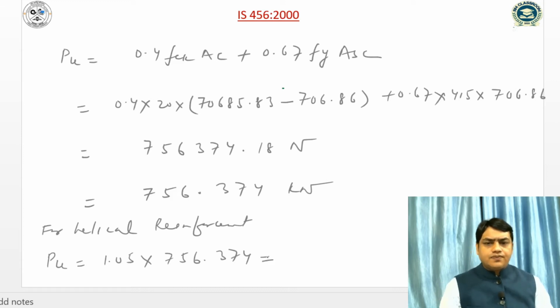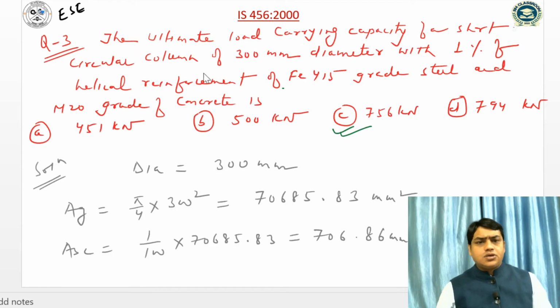So it will be 1.05 into 756, so it is 794 kilonewton. Increase value 5%. So here the D option is correct.